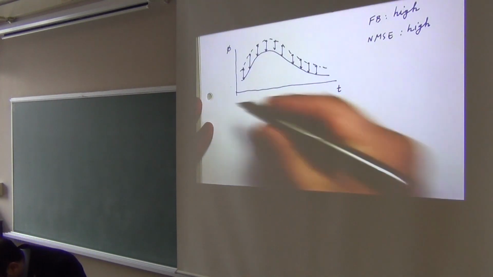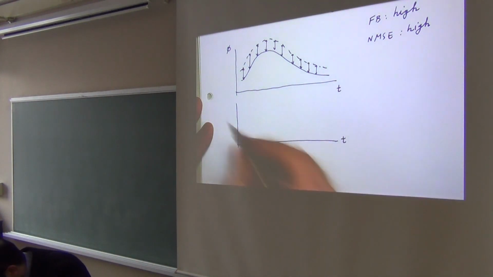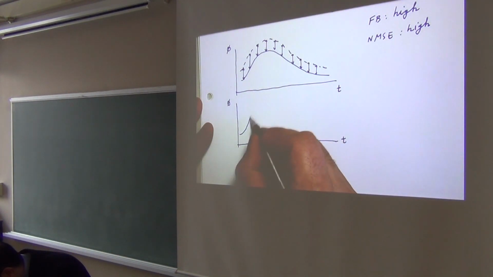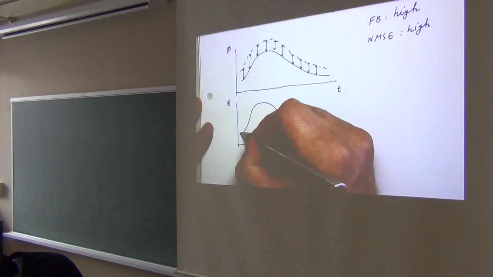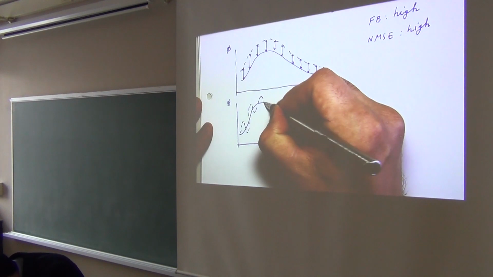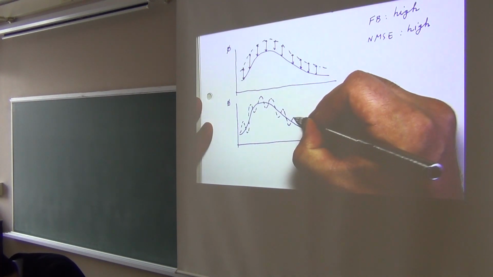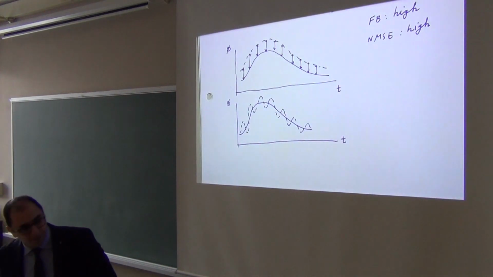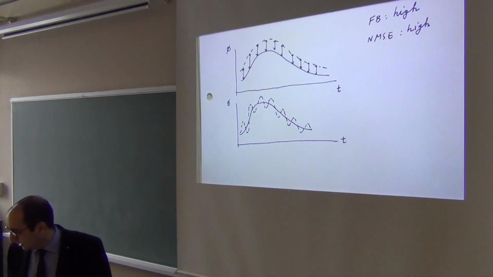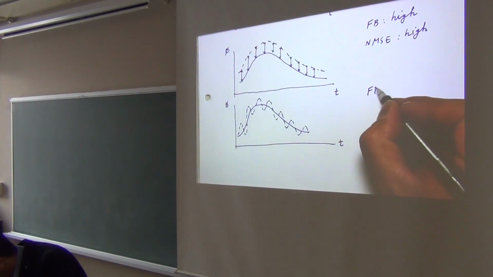But a lot of interesting things can happen. Suppose next time you build another model and it gives you something like this. So the model predicts a lot of unphysical fluctuations. This could happen. Can you tell me if bias is low or high?